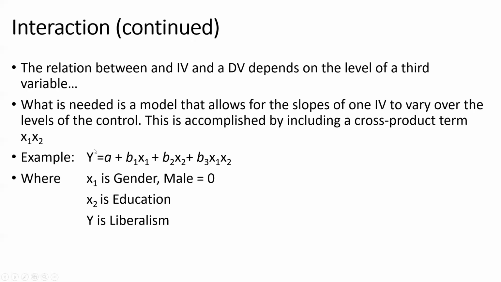We believe that the liberalism score is a product of gender and level of education. So we add this cross product piece, our x1 times x2, into our model. So we have a third coefficient here that we create, our third slope. It's the cross product slope.